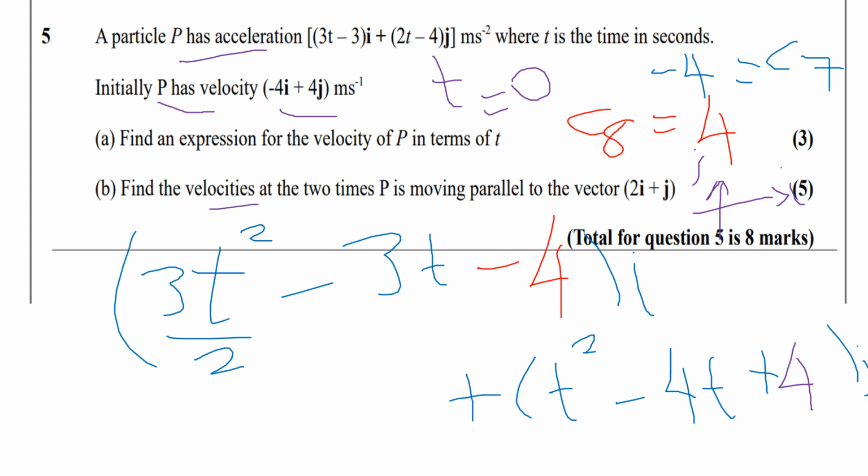Find the velocities at the two times P is moving parallel to the vector 2i plus j. So this is going to involve some constant k.